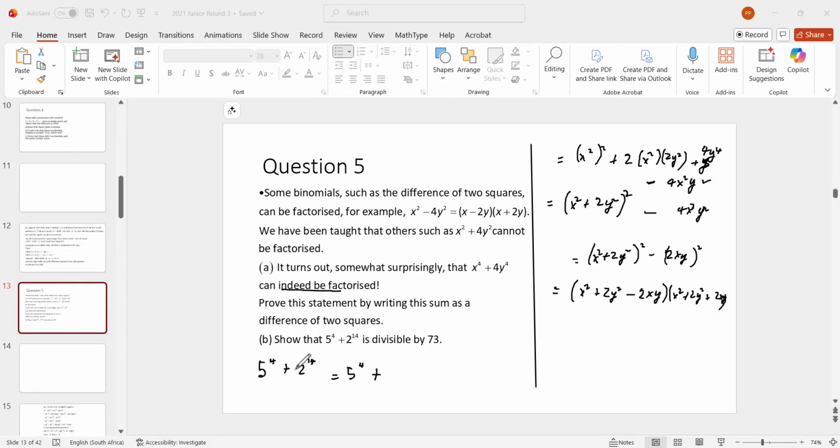Now let's get rid of the 4 from here. You pull out 2 2's and you're left with 2 to the 12, right? So you're getting it somewhat into this form so I can factorize it. But now I've got 4 and I've got 12 here. I'll have to get both of them to be 4th powers.